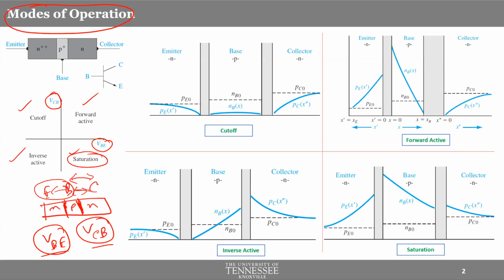If the emitter-base junction is forward biased and base-collector is reverse biased, then we have forward active mode. If both of these junctions are reverse biased, then we have cutoff mode. The only option left would be base-collector forward biased and emitter-base reverse biased, then we have inverse active mode.